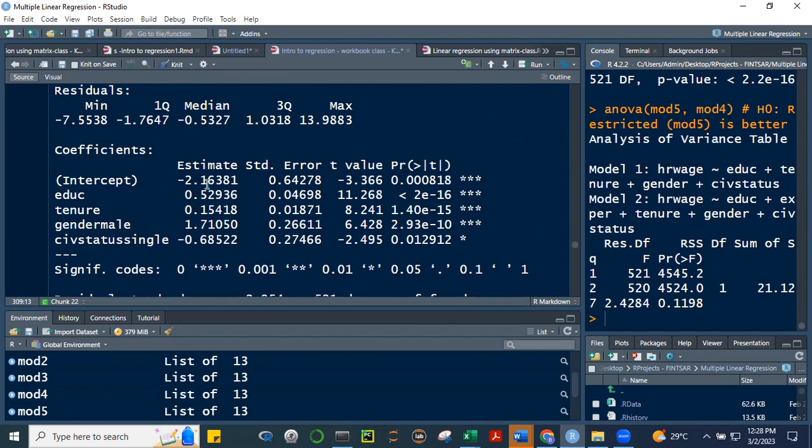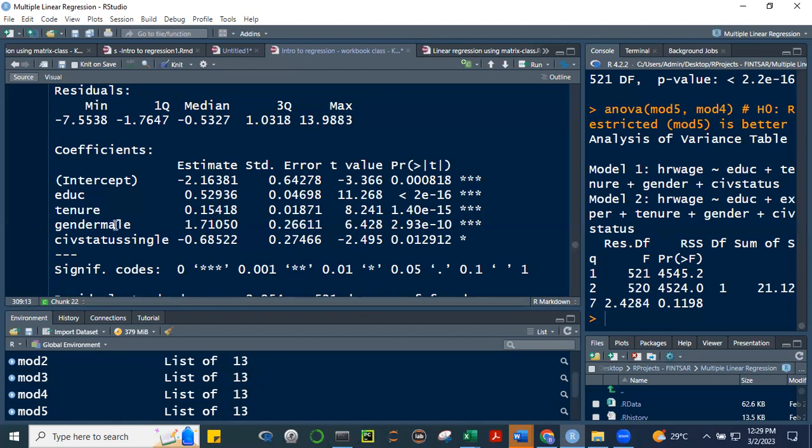Okay? Ano ibig sabihin ng 0.53 na to? For every 1-year increase in education, there's a corresponding 53 centavos increase in hourly wage, ceteris paribus. Sa tenure, lahat ito significant na, no? For every 1-year increase in tenure, there's a corresponding 15 centavos increase in hourly wage, ceteris paribus.